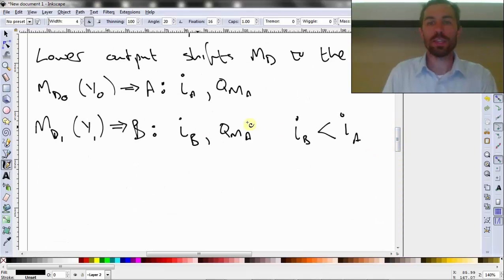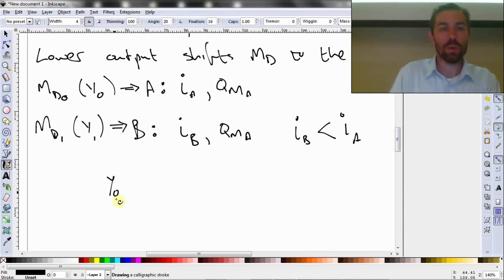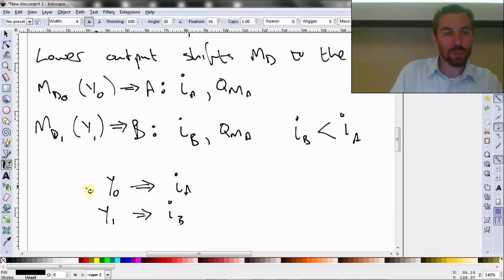So what do we see is the relationship when output is at level Y0, we have interest rate IA. When output is at level Y1, we have interest rate IB. When output decreases, what happens to interest rates? It decreases. Are you happy with that idea?